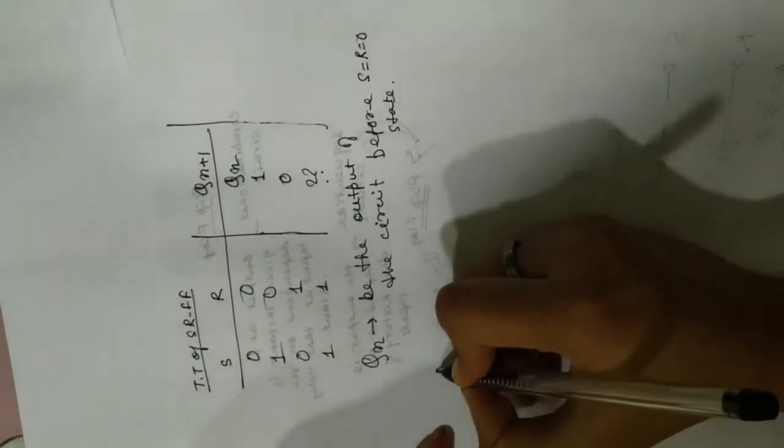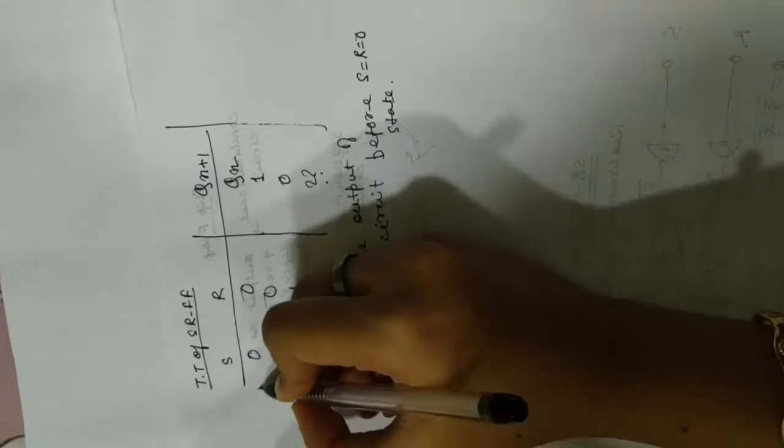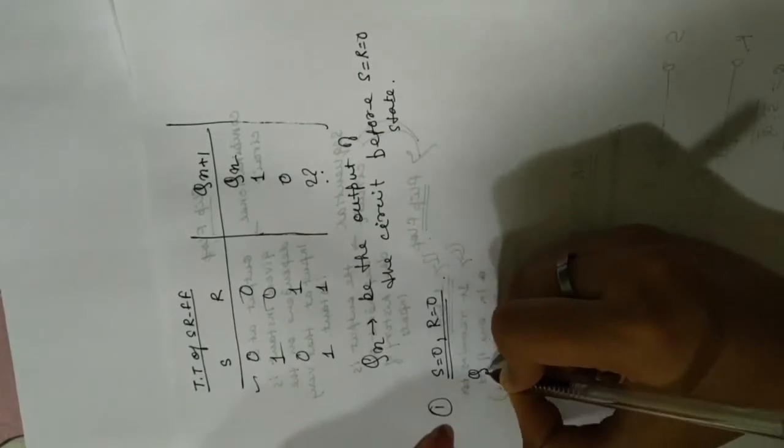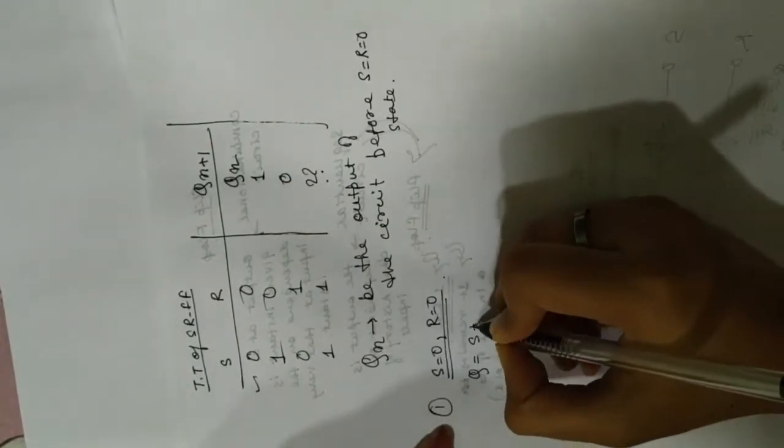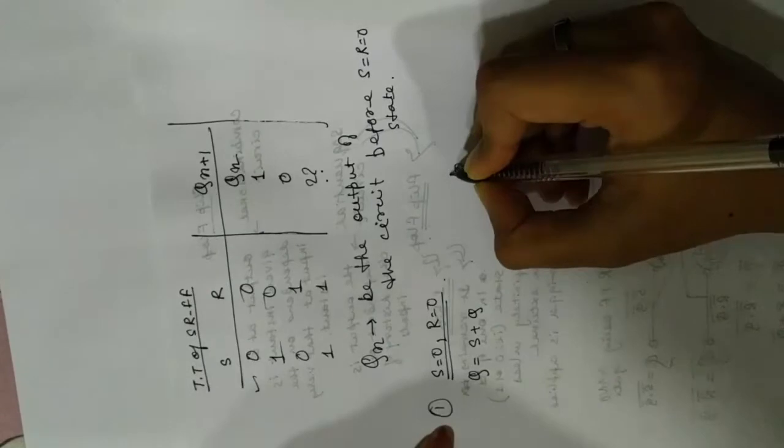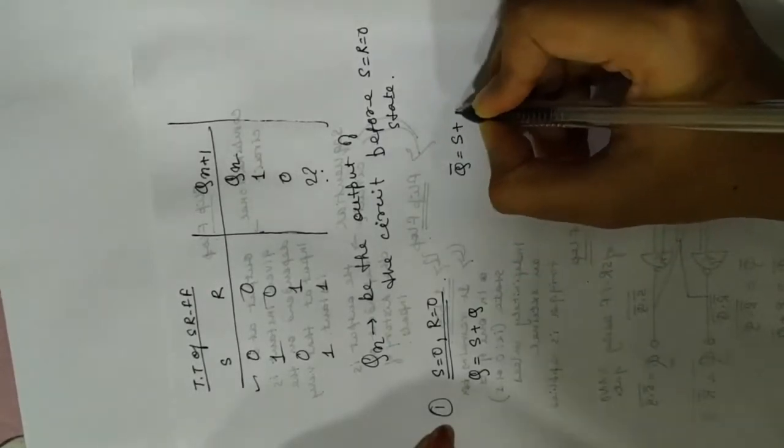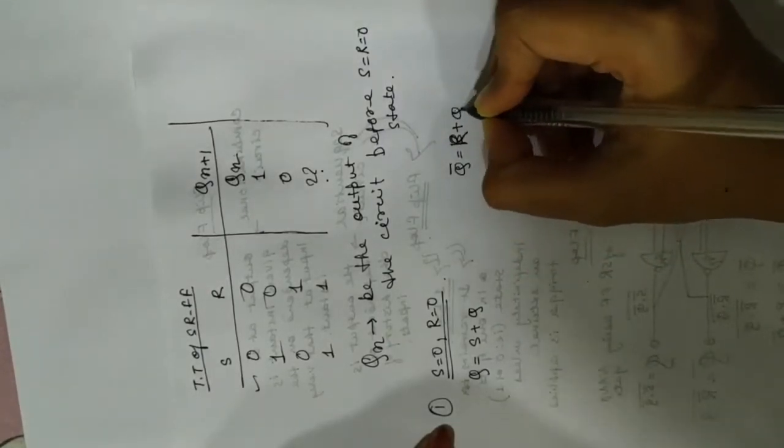This Qn can be a 0 or a 1, whatever it is, it is the output of the last stage. Now stage 1 is S equal to 0 and R equal to 0, right? So we have Q is equal to S plus Q and Q bar is equal to R plus Q bar.